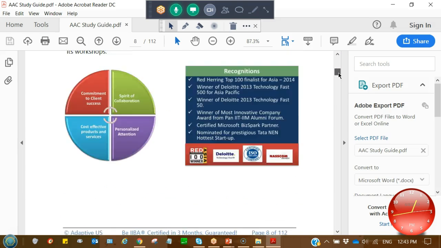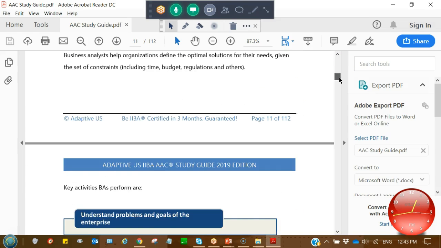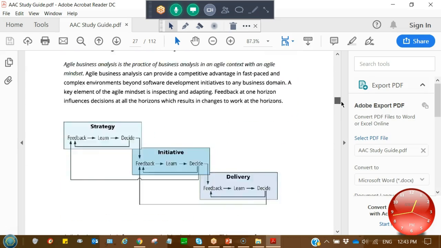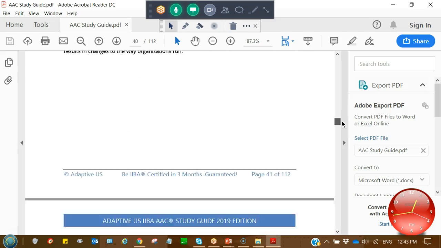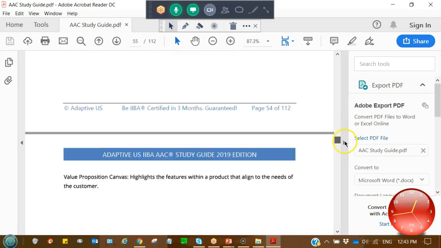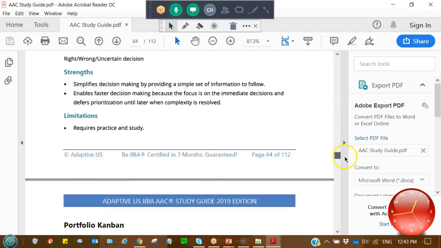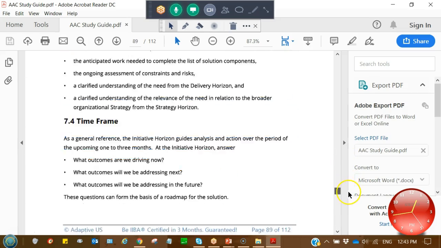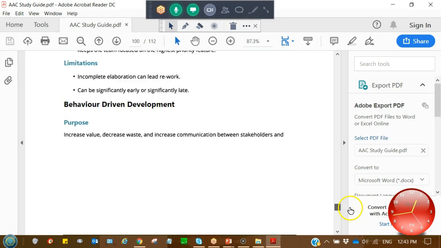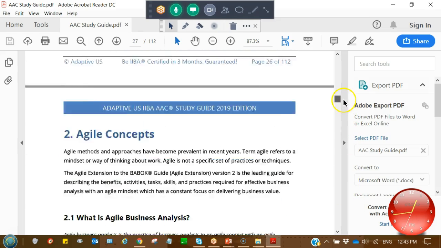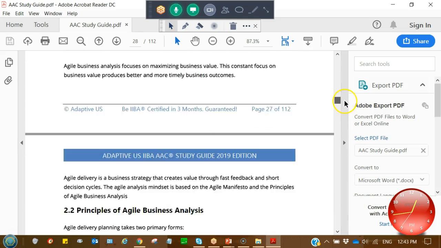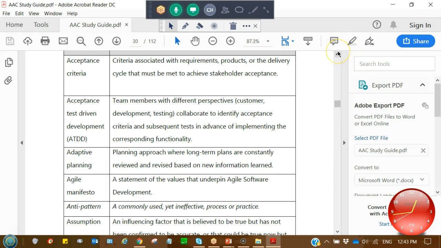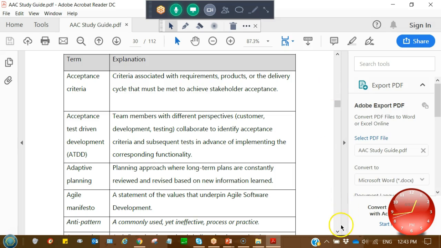Tom, you've probably seen this already because it's certainly part of the CBAP. Where's my concept model? Maybe it's better in the glossary. We'll find these in the glossary.